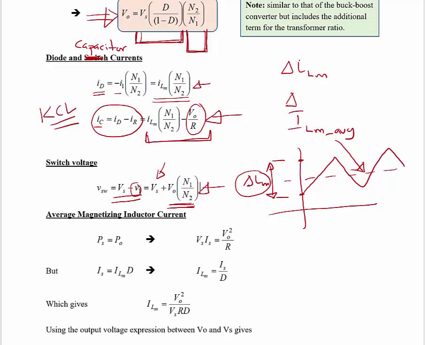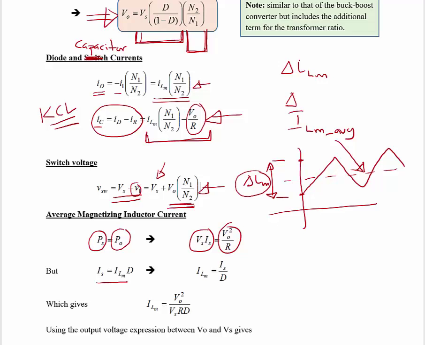So how do we find the average? Same thing, power supplied by the source should be equal to power absorbed by the load. This is the relationship we've been using all along for all the DC-DC converters to find the average current which is flowing through the inductor. If you make these substitutions over here, where Is is equal to the average current flowing through the magnetizing inductor multiplied by D, because the Is is the same as the current which is flowing through the magnetizing inductance when the switch is closed.